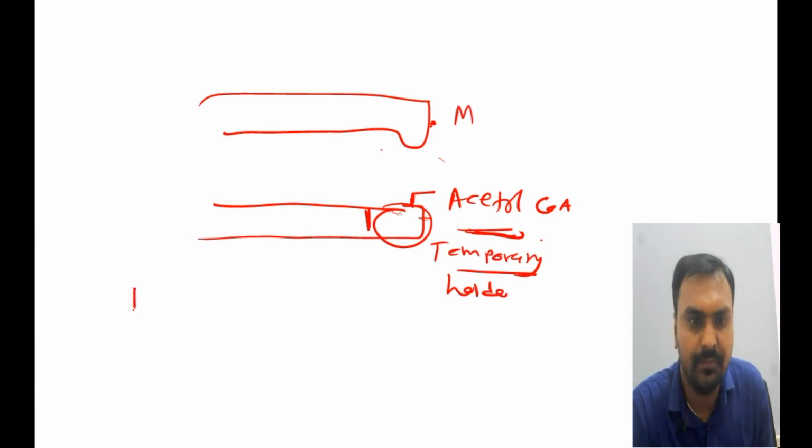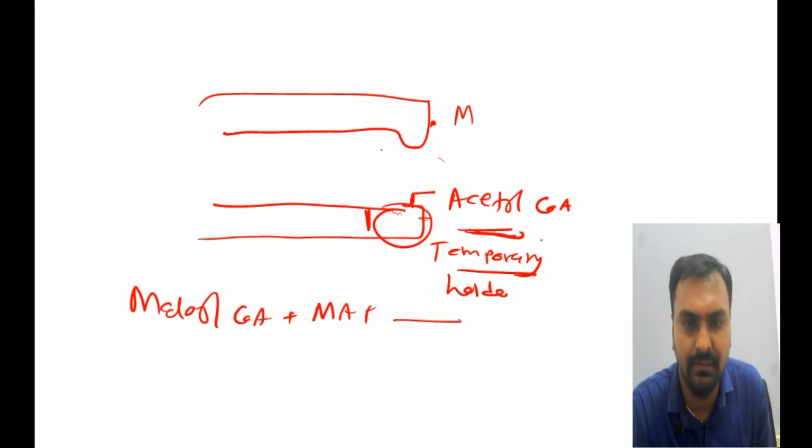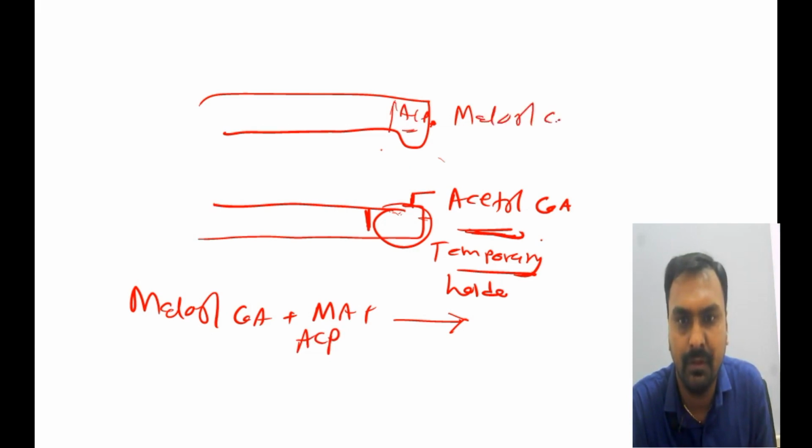Then this malonyl-CoA, with the help of malonyl transacylase, will bind with the ACP portion here, forming malonyl ACP plus CoA-SH.